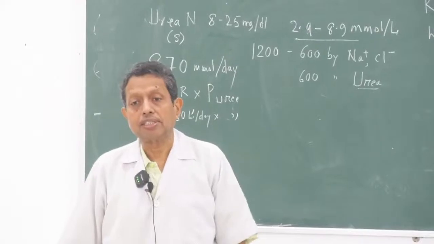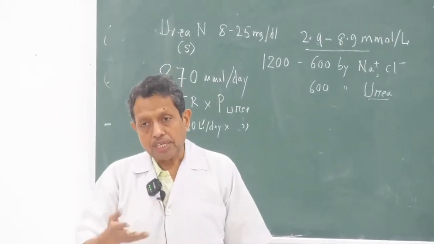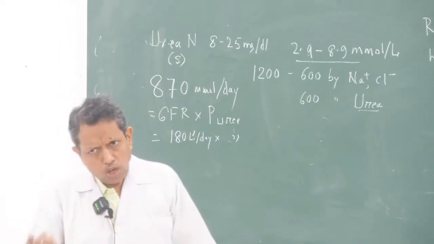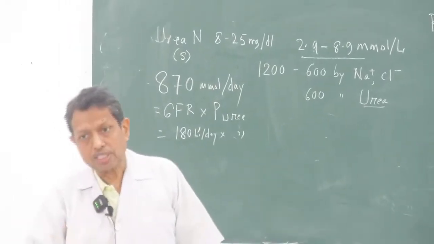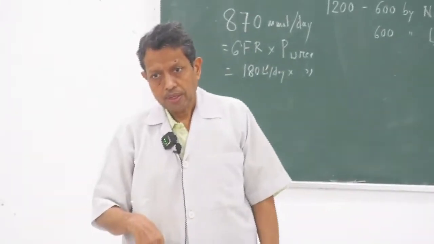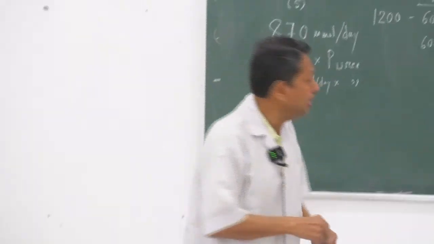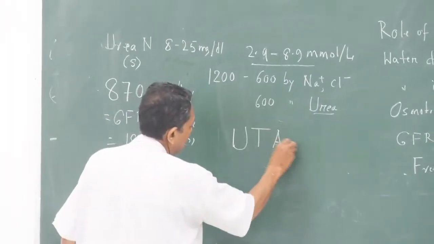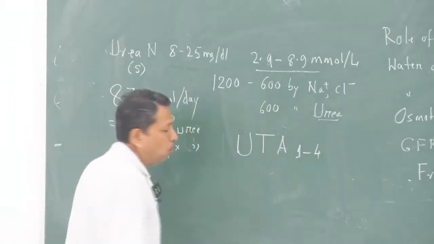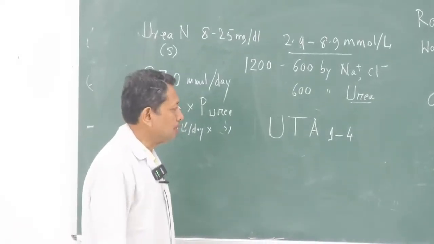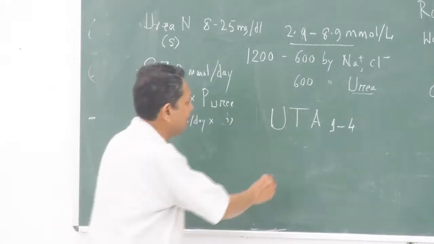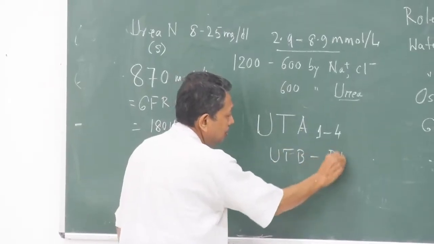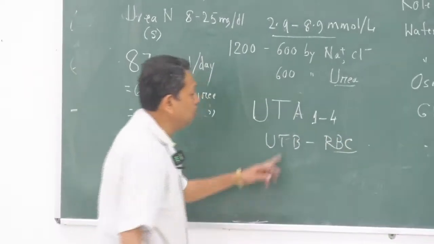There are urea transporters, and it is a substance that is filtered, reabsorbed, and ultimately secreted to some extent, and there are urea transporters, UTA, and they are named UTA 1 to 4. 4 types of transporters, and another is UTB, that is in the RBCs. Erythrocytes, that is the UTB.